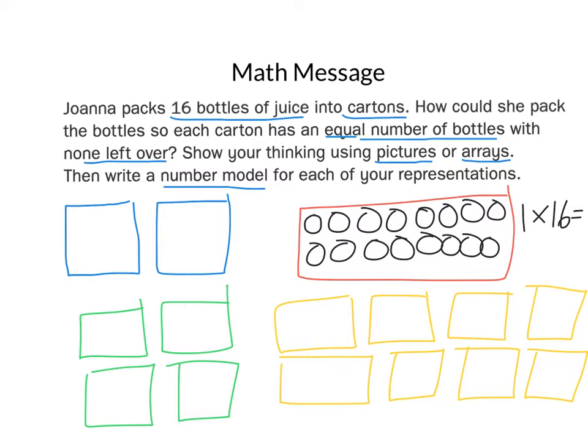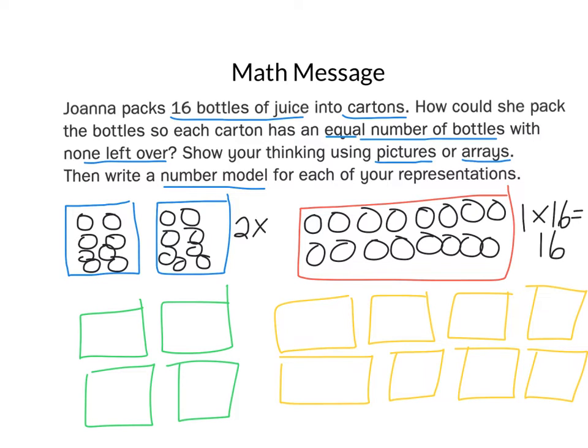And we know 1 times 16 equals 16. Over here with the blue cartons, we have 2 cartons. And if we had 2 cartons, we could put 1, 2, 3, 4, 5, 6, 7, 8, 9, 10, 11, 12, 13, 14, 15, 16. So 2 times 8 for a total of 16.